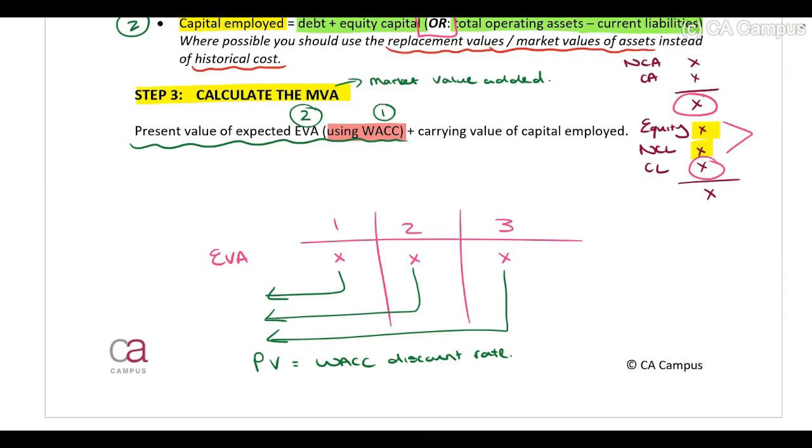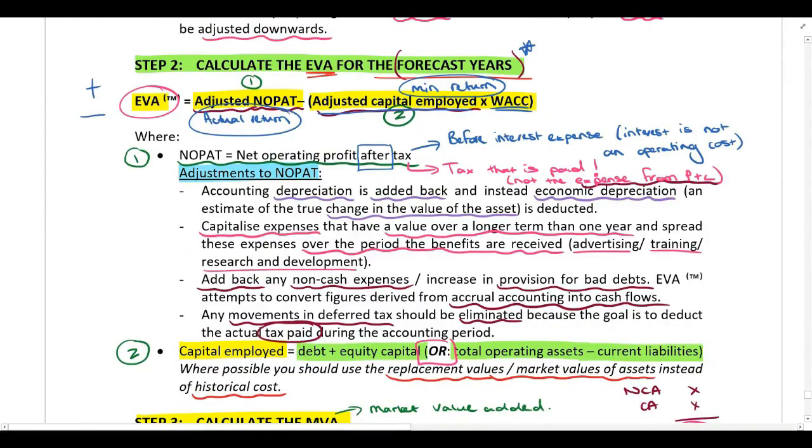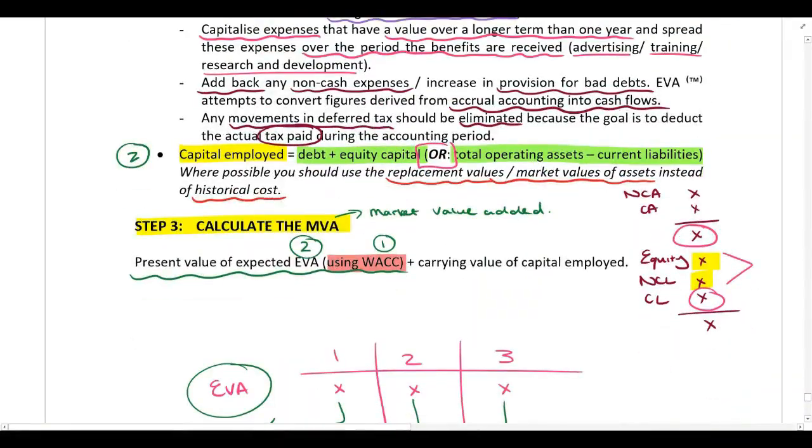Now remember, this can't be the value of the company because this is just the excess value that is being created. EVA cannot give me the total value of the company. Look at your formula. We are comparing the actual return to the minimum return that our investors want. And this is either the surplus or the deficit. It can't give us the full value of the company. So what we need to do is take the carrying value of capital employed.